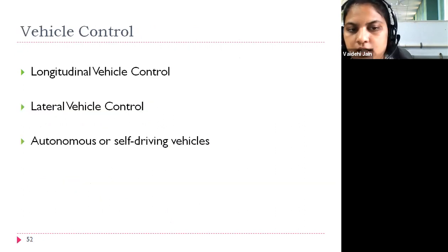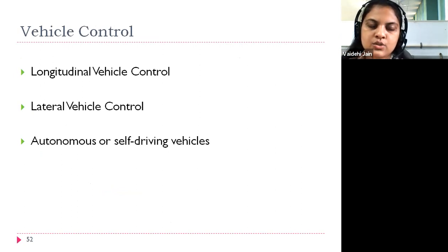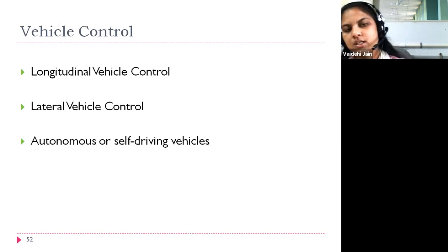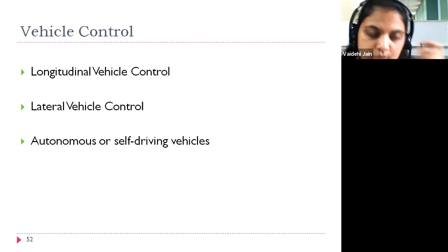So in vehicle control, three parts should be there. One is longitudinal control, another is lateral control, and the third one, which is still the future, the self-driving vehicle or the autonomous vehicle. The longitudinal control means that in one lane, where vehicles ahead or behind are there, it covers the condition of that and the control over that.